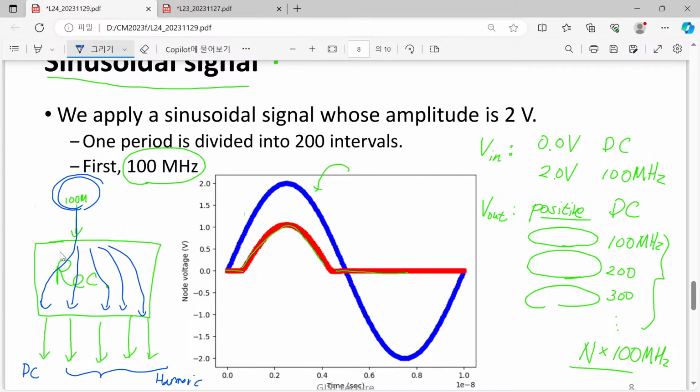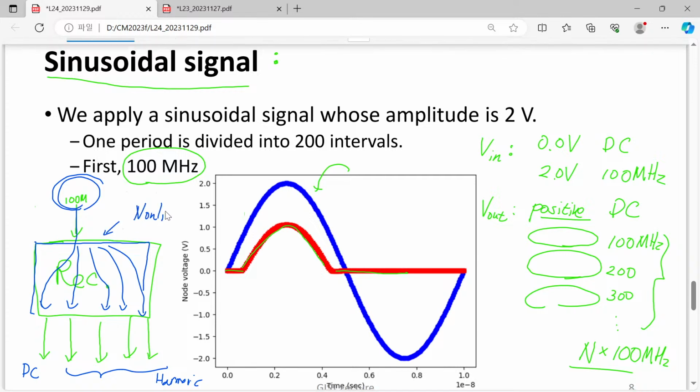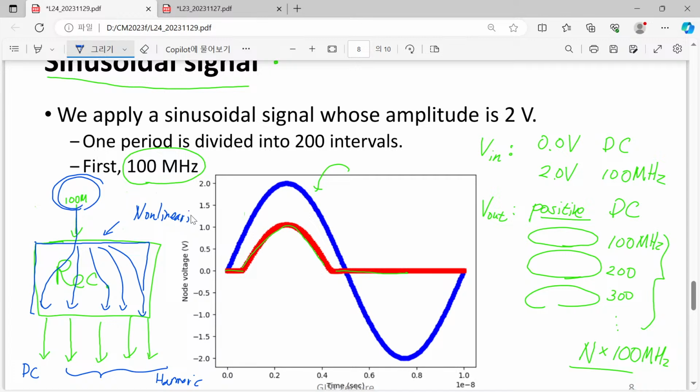The main reason why we have this kind of frequency conversion is so simple. This rectifier has non-linearity.